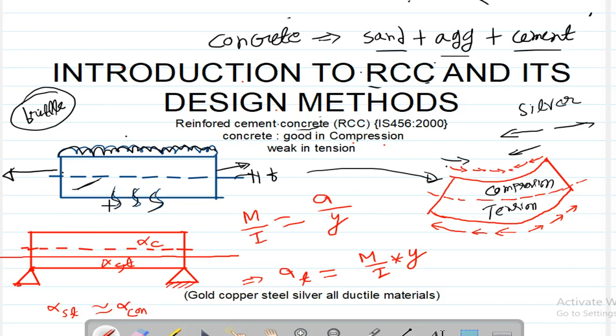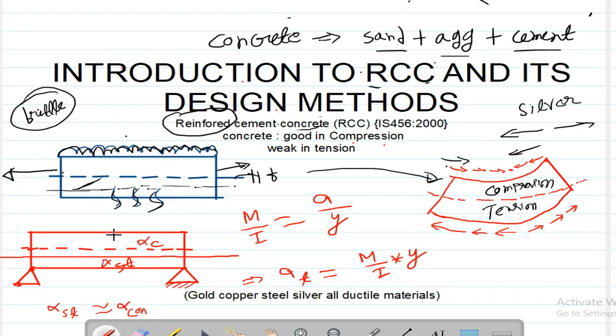That's why, to overcome that failure or to overcome these cracks, what we can do is put some ductile material in the lower part of the beam. The ductile material which we put inside the concrete is called reinforcement.